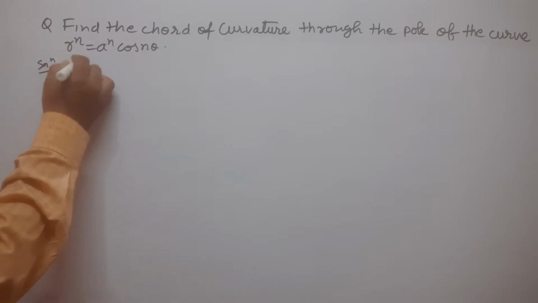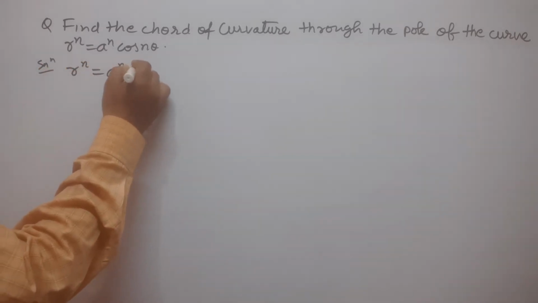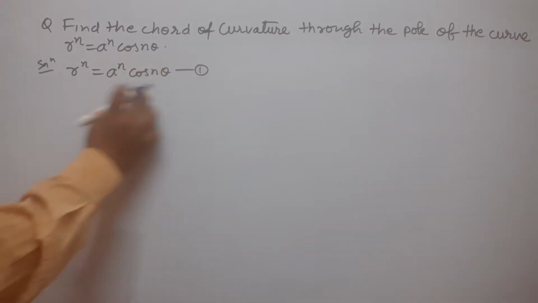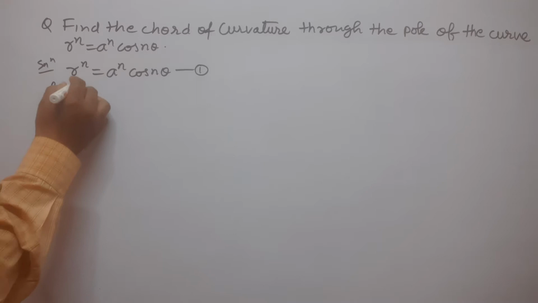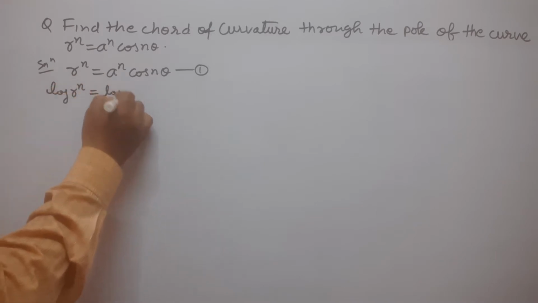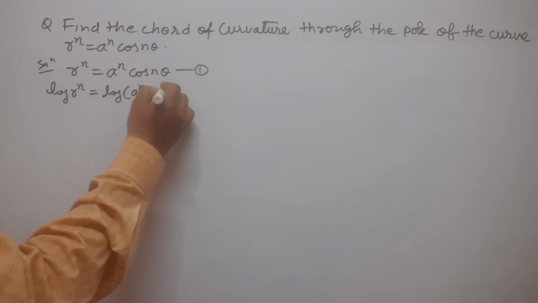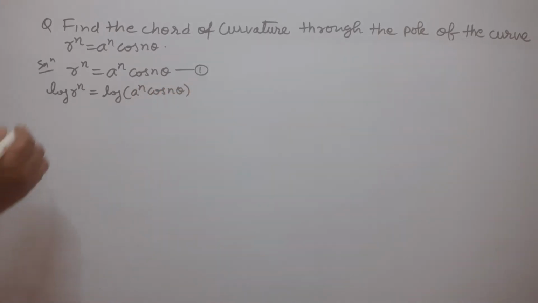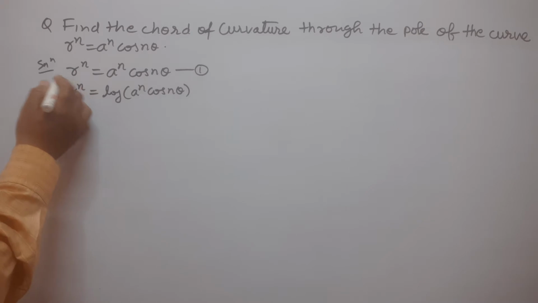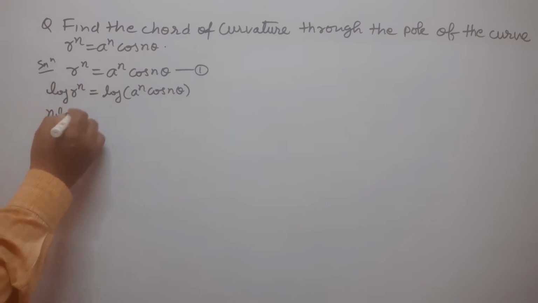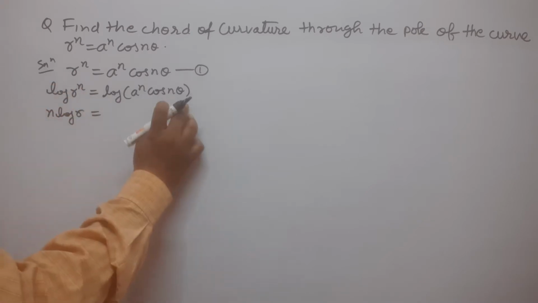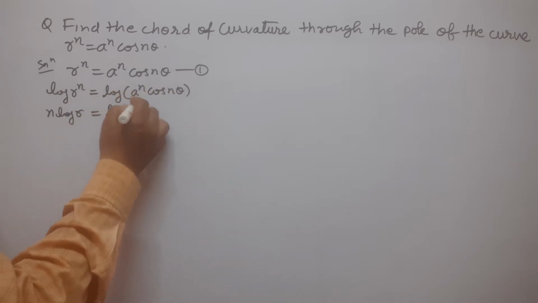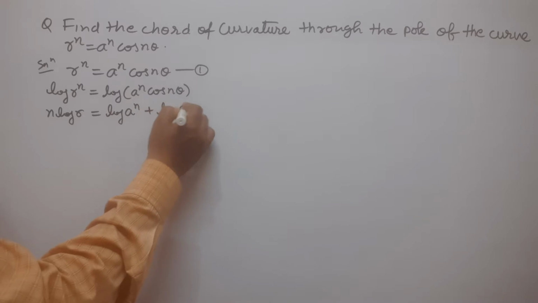So the given curve is r to the power n is equal to a to the power n cos n theta. Now taking log on both sides, so we write log r to the power n is equal to log a to the power n cos n theta. Now using the property of log, r to the power n can be written as n log r, and on the right hand side log m into n is equal to log m plus log n.